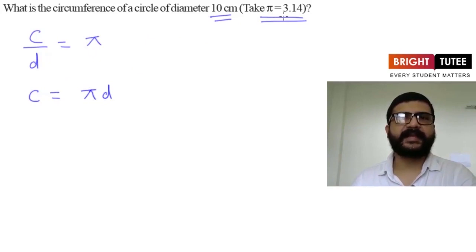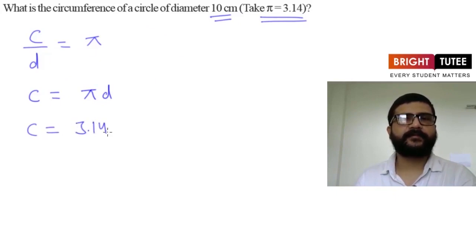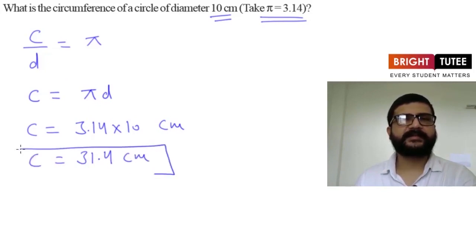And the value of pi we have to take as 3.14 and the diameter is 10 centimeters. So, circumference will be equal to 3.14 into 10 centimeters. And this will be equal to 31.4 centimeters. So, therefore, we can say the circumference of the circle is 31.4 centimeters.